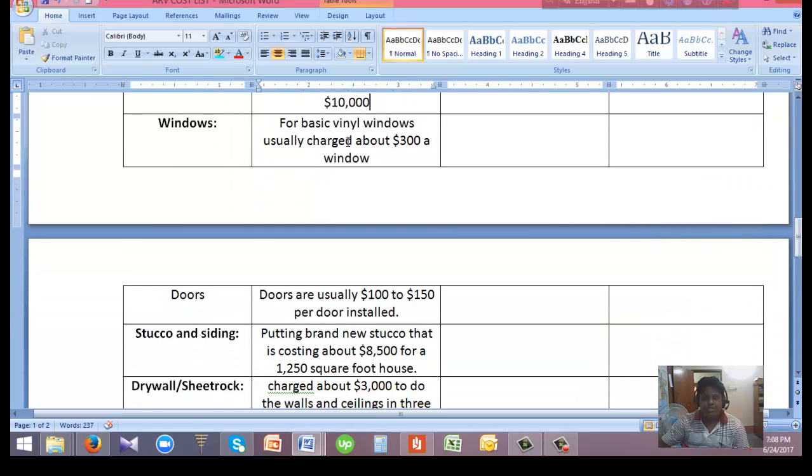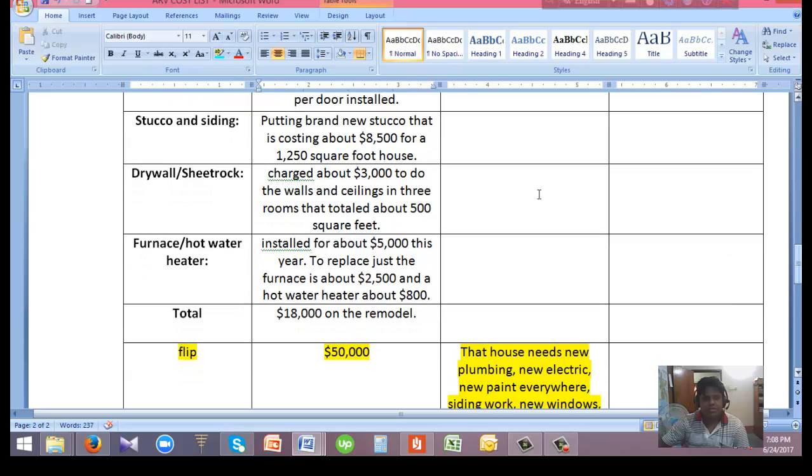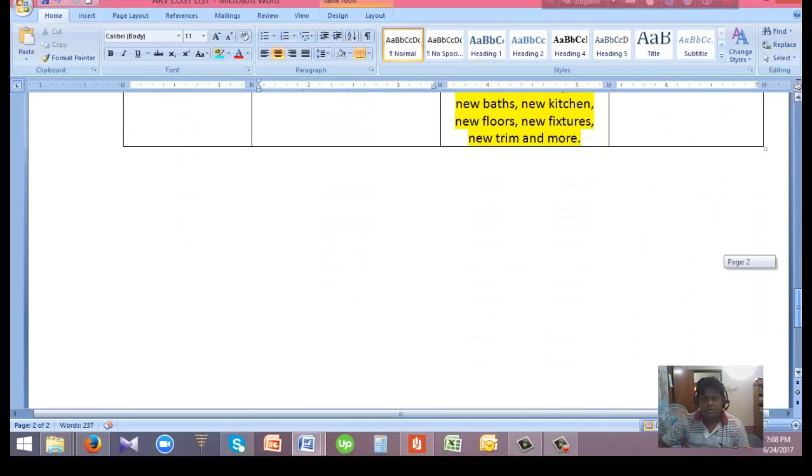Vinyl windows usually start at about $300 per window, and doors usually cost 100 to 150 per door installation. Stucco and siding for a 1,250 square foot house will cost $8,500. And this is all the cost that we require for our repairing.